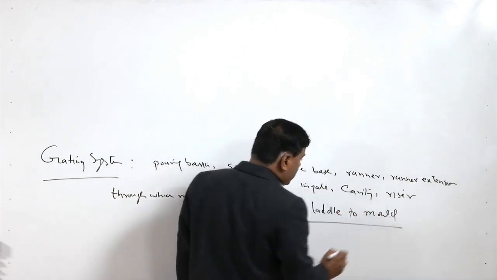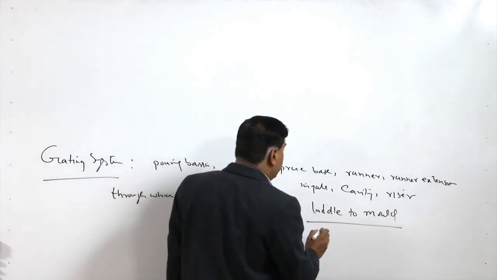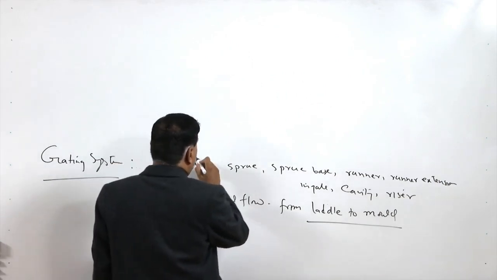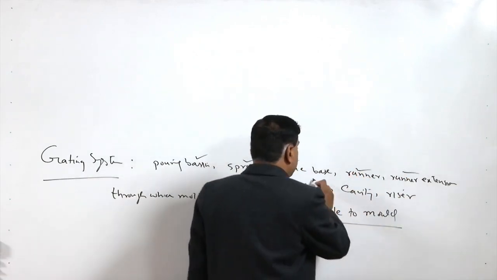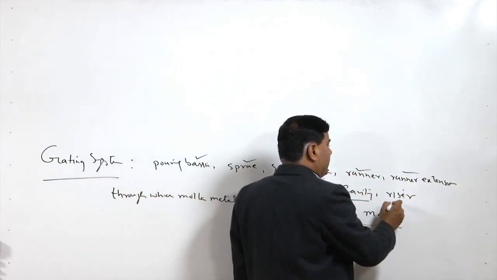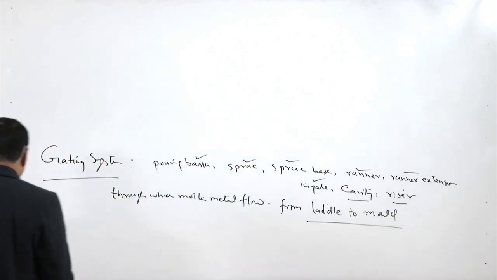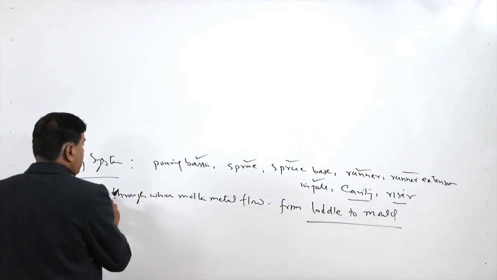So, the journey of the molten metal from the ladle to the mold passes through the pouring basin, sprue base, runner extension, ingate, then fills in the cavity, and then into the riser, so that it can take care of the shrinkage related aspects.